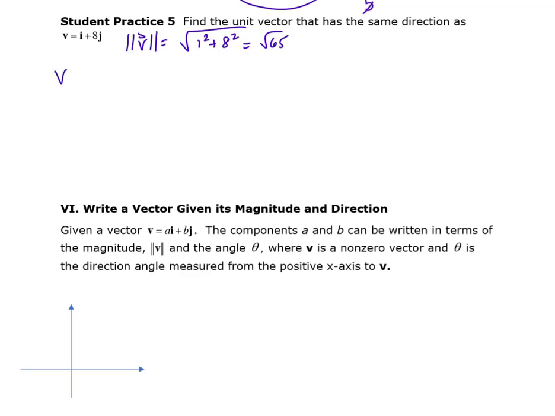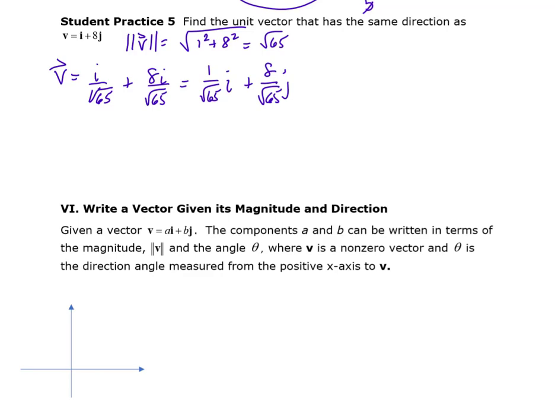Then I'll take vector v and divide each component by the square root of 65, giving us 1 over the square root of 65 i plus 8 over the square root of 65 j.